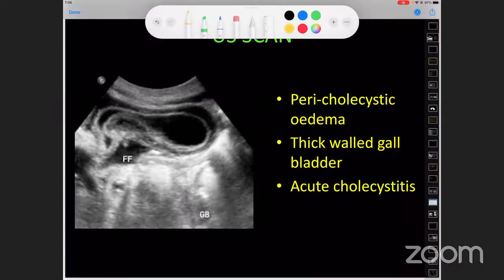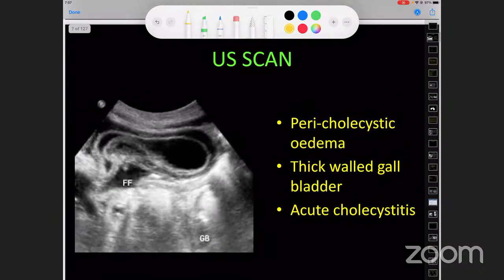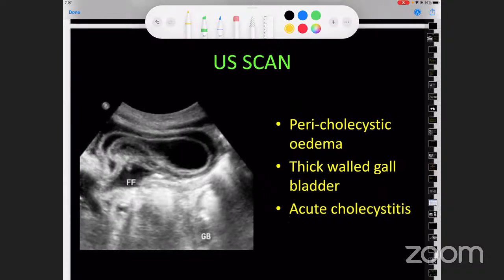I would actually like my radiologist to... See, the problem is how safe is it going to be dissecting the gallbladder off the bile duct? That is my critical bit when I'm operating on a patient with an empyema of the gallbladder.